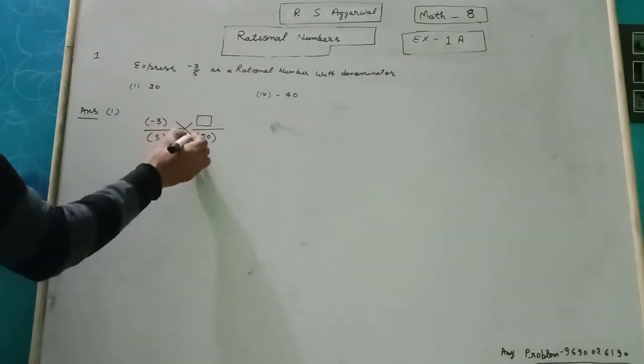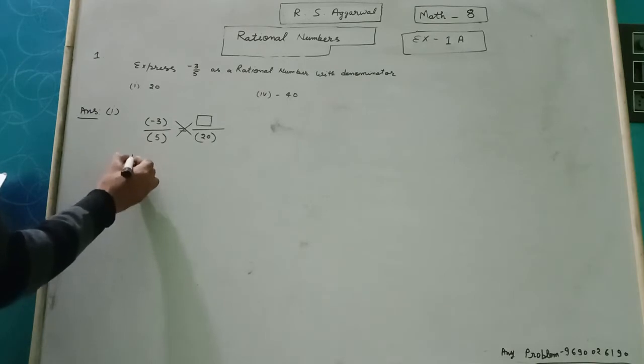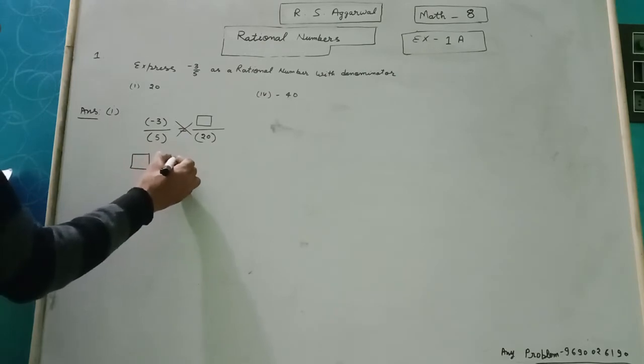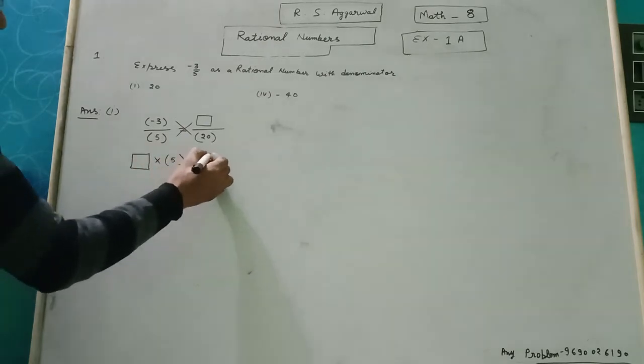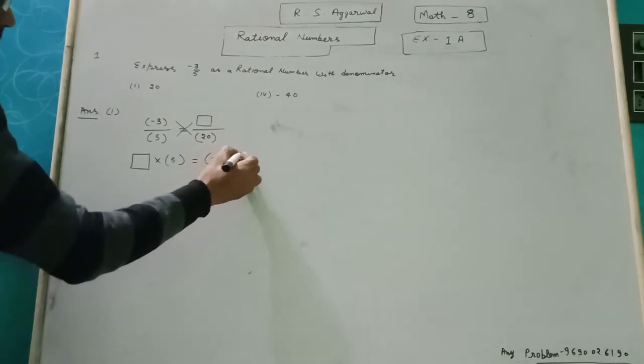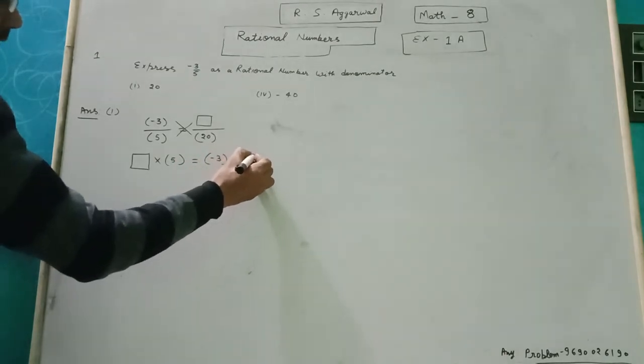Cross multiplication: box into 5 is equal to -3 into 20.